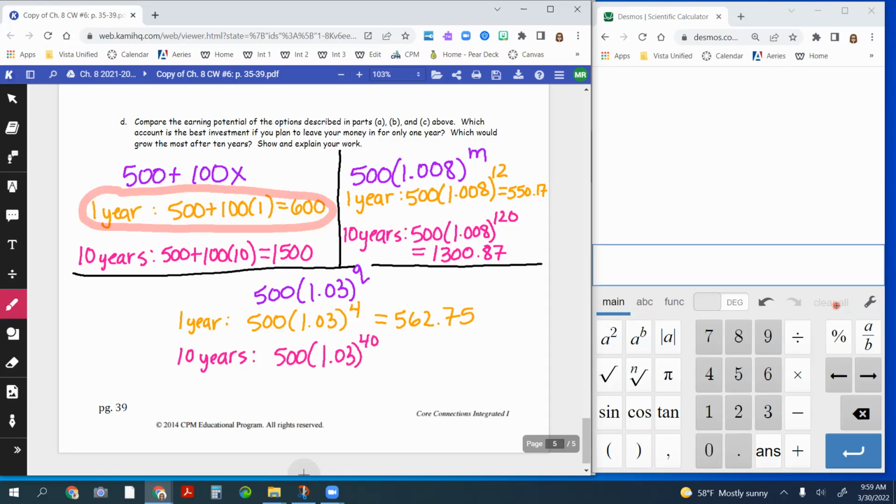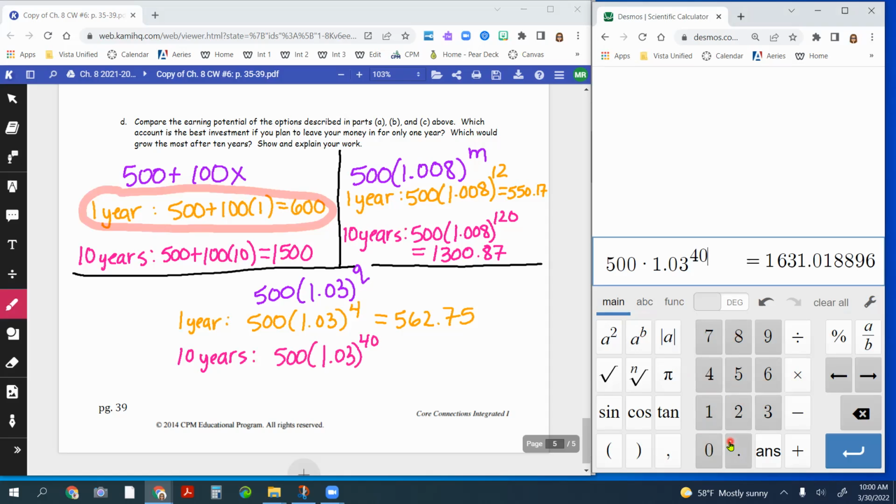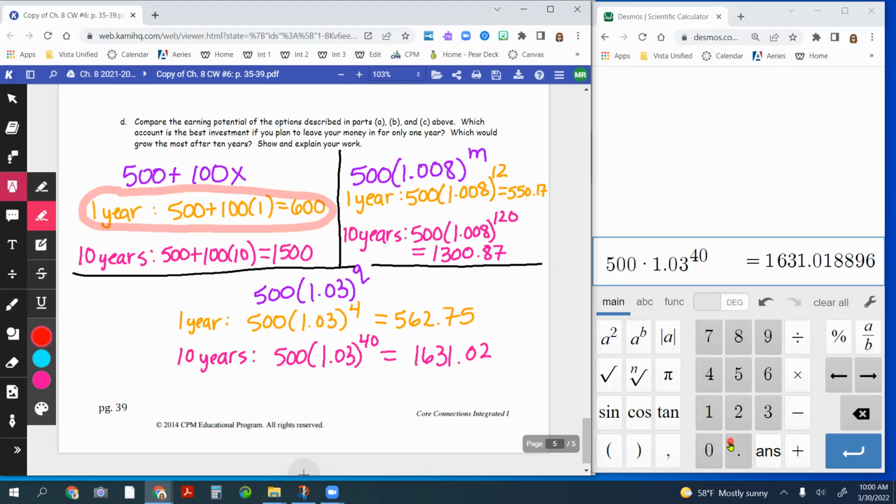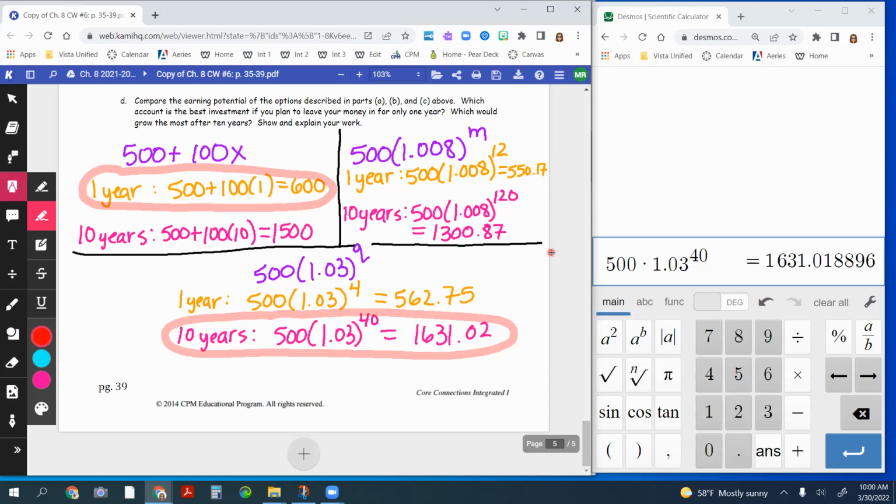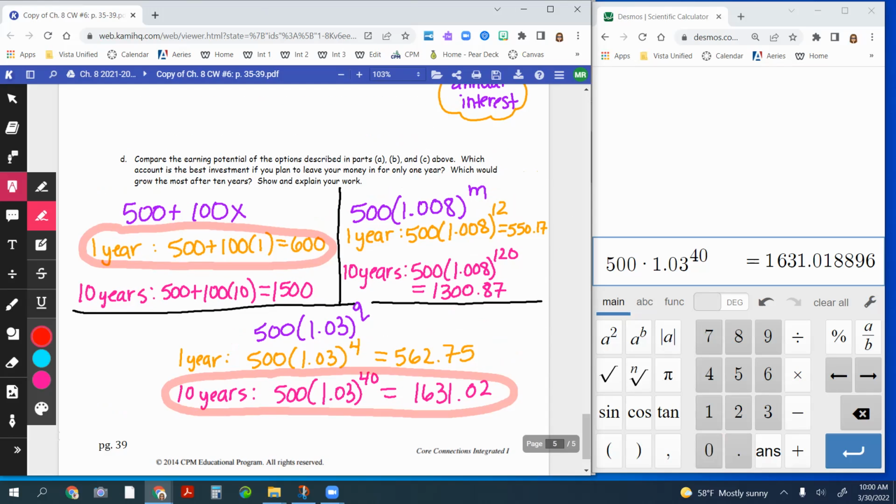I'm going to raise it to the power 40. So I'm going to have 500 times 1.03 raised to the power 40. And we ended up with $1,631.02. So in this situation, for 10 years, the last one is the best. So hopefully this helps you guys out with doing exponential word problems.